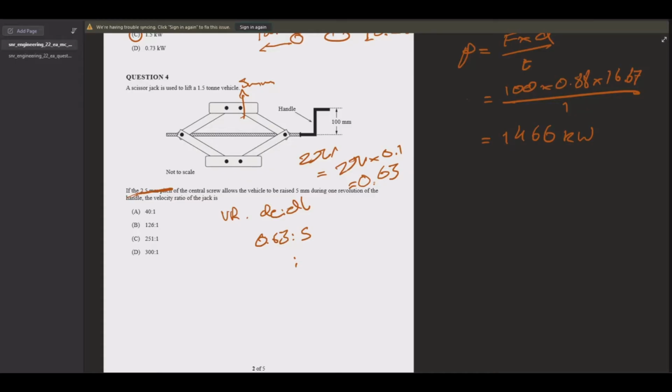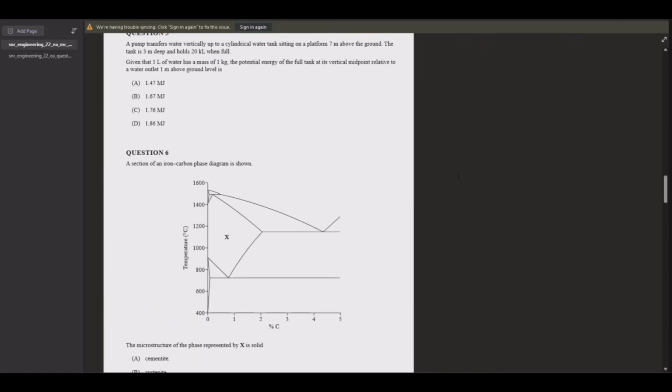What have I done? Oh, of course. My bad. I need to remember my units. That's 5 millimeters, so 0.005. 0.63 divided by 0.005 is going to give us 126, and 0.005 divided by 0.005 is going to also give us 1. So the answer for this question is B.